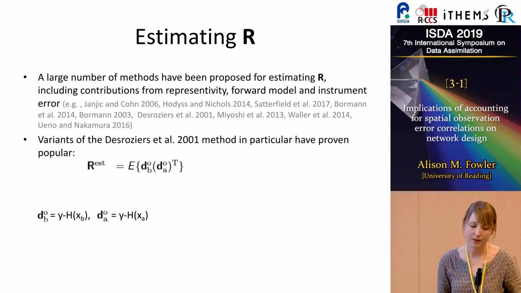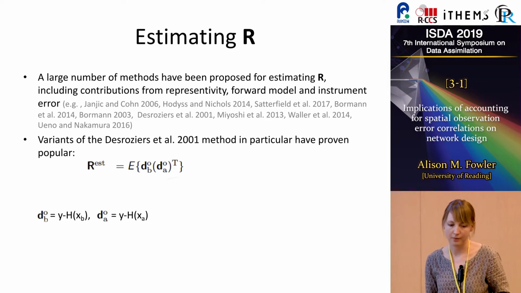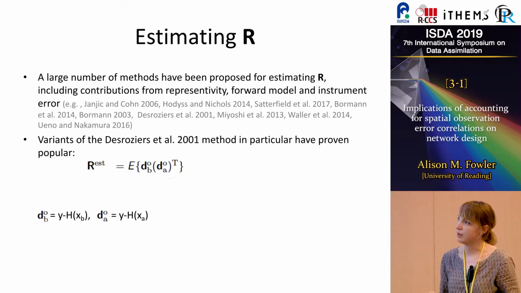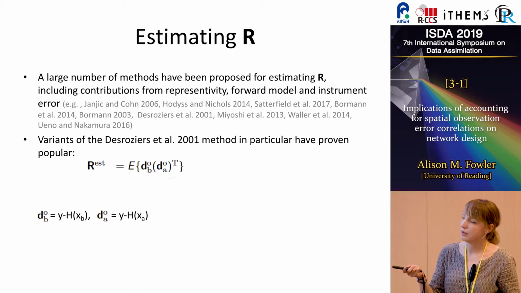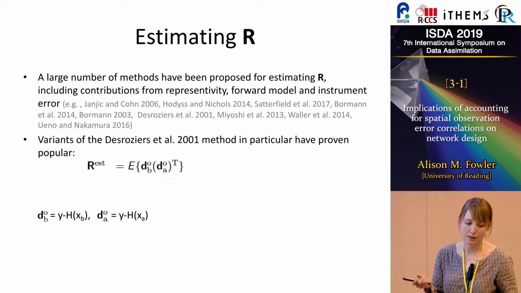But the methods that have proven to be really popular have been based on the Desroziers et al. 2001 method, where essentially you estimate your R covariance matrix as the covariance between the difference between your observations and your background or prior, and the difference between your observations and your analysis.